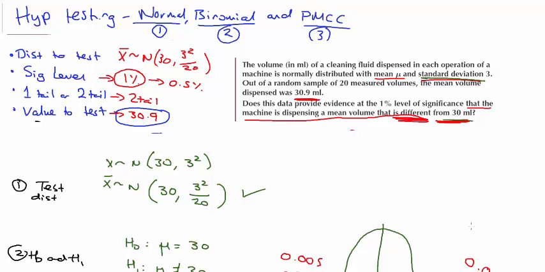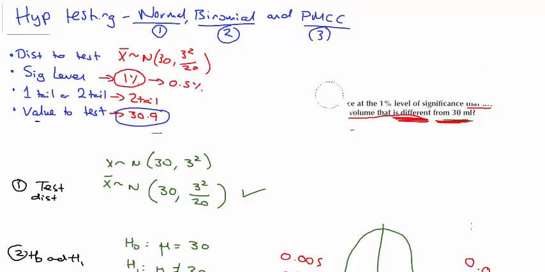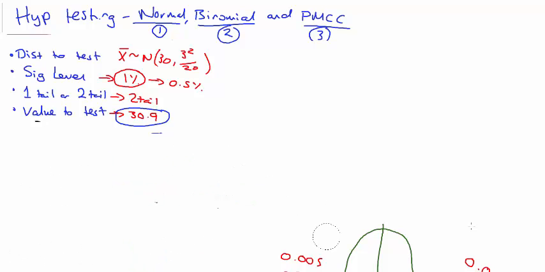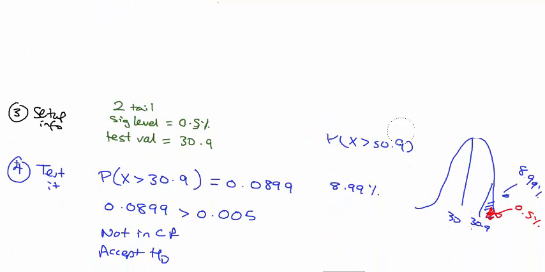I forgot, this is the actual example. I'm looking at the back of the book for the answers. Happy with that? Hopefully that makes sense. And with that, that's probably everything you need for the normal distribution hypothesis testing.